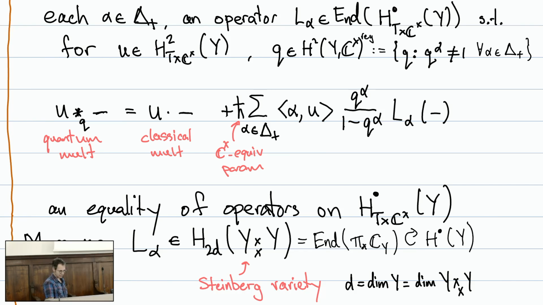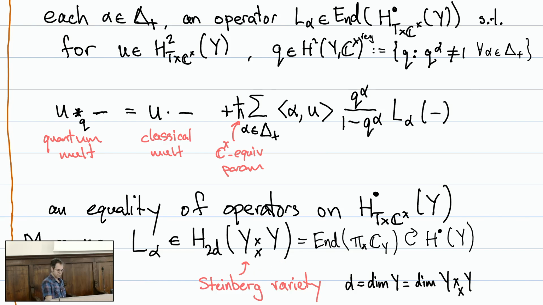It would be particularly nice if this L alpha was the class of one of the irreducible components, since the Steinberg variety has a bunch of irreducible components, and their classes form a basis of this convolution algebra. But L alpha won't typically be the class of one of them. It'll be just some element of this thing.